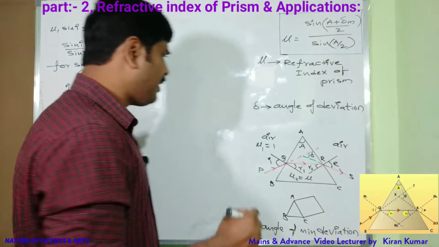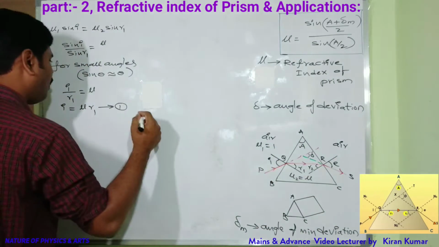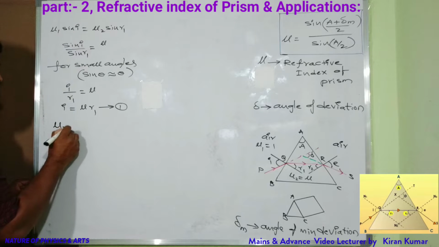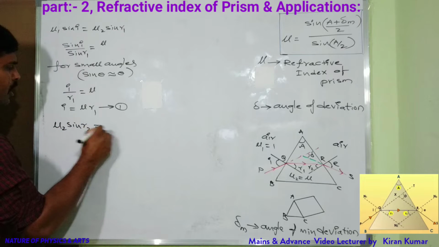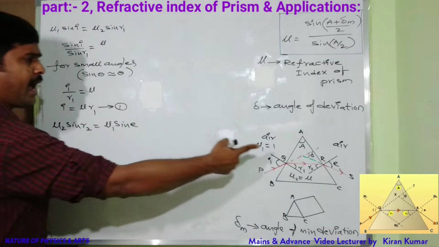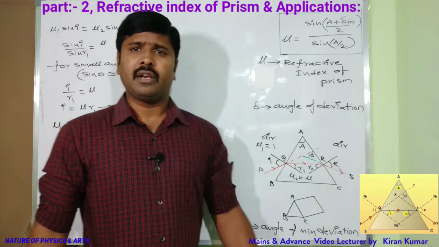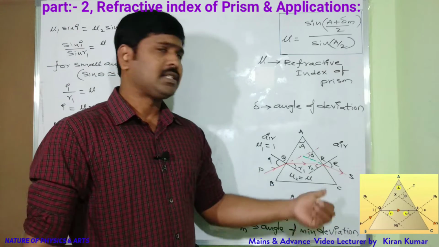Now here light is traveling from the denser medium to the rarer medium. See now, mu2 sine r2 is equal to mu1 sine e, where e is the angle of emergence and r2 is the angle of refraction at the second refracting surface AC.